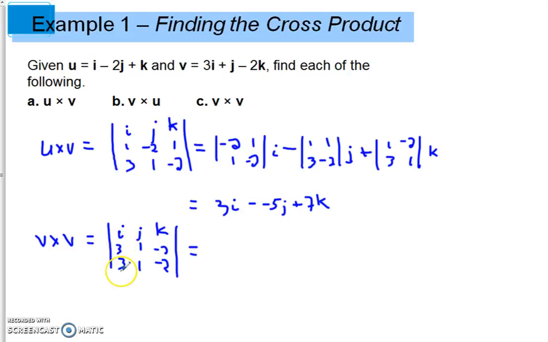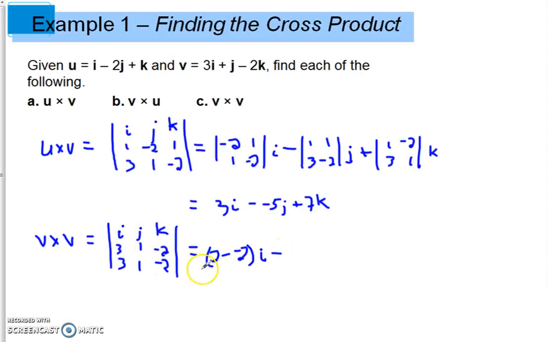But since I'm doing the i term first, I cross that off. 1 times -2 is -2 minus -2. So I get 2 minus -2. Again, these are not determinants. I've already figured out its determinant. Times i minus, and then I do the j column.